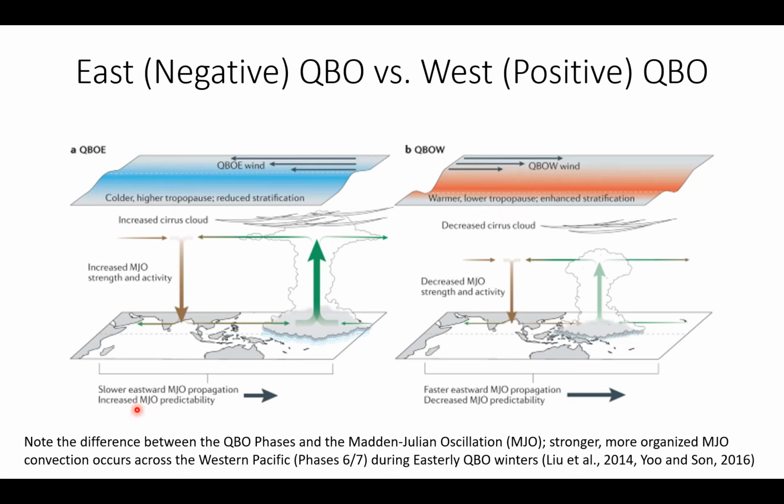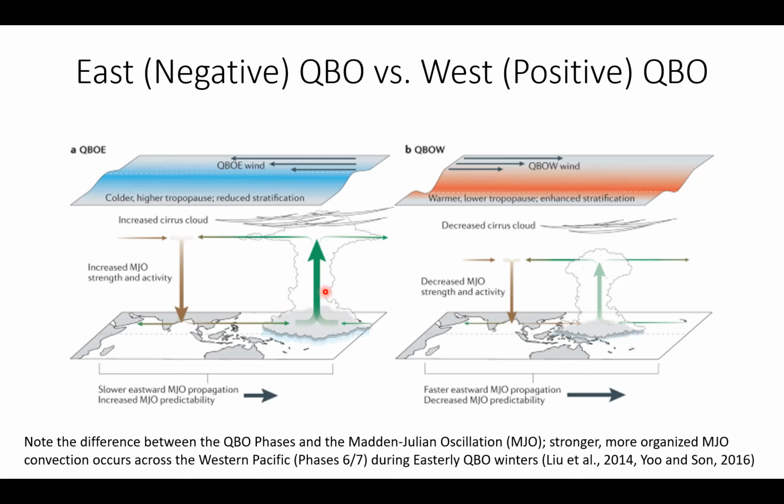And then look what happens here. I really want you to focus in on the strength of the MJO. With the QBO easterly phase, you're going to get sinking air. You get increased MJO effects with the easterly phase, more increased MJO strength and activity. You get sinking vertical motion over Indonesia, indicated by this downward brown arrow.